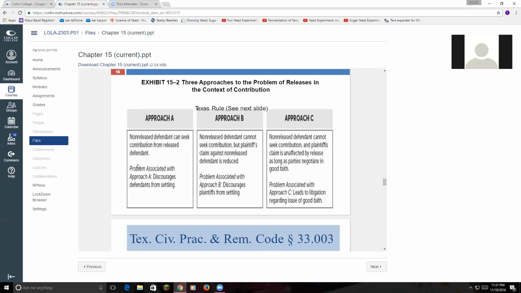Or we have approach B, which, as you can see, is the Texas rule. We've already talked about that. The non-released defendant, this is Bob, cannot seek contribution, but plaintiff's claim against the non-released defendant is reduced. Okay, and after all, that is the case. Remember that whatever percentage the jury has allocated to David, the defendant who has signed a release, is not in play in terms of assigning it to Bob or Ann.